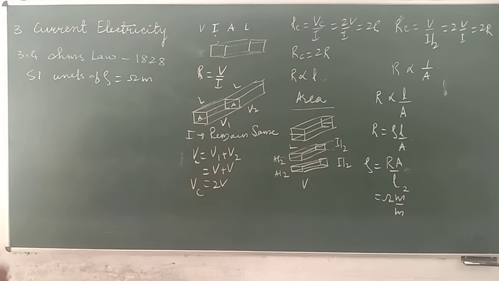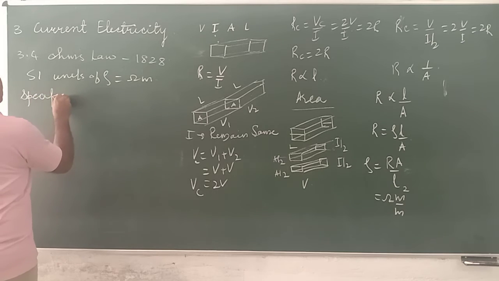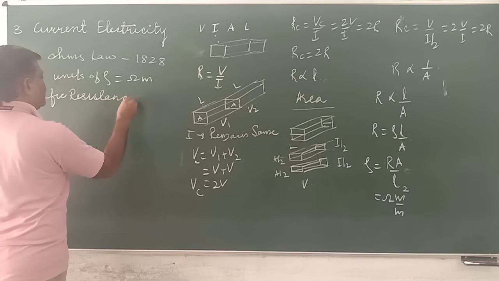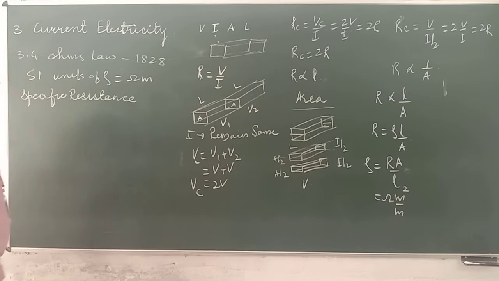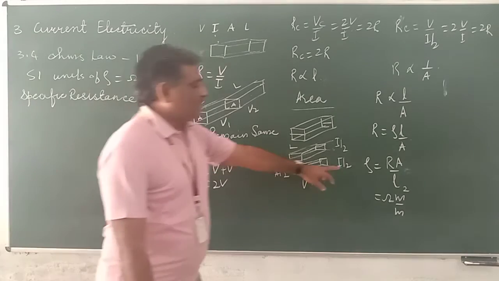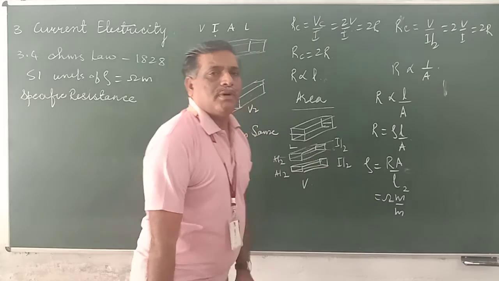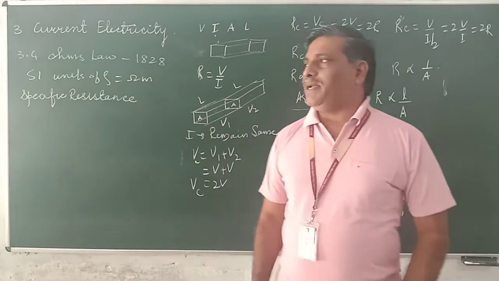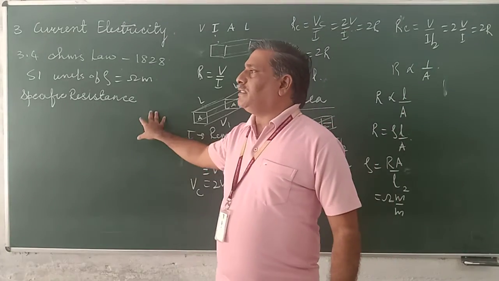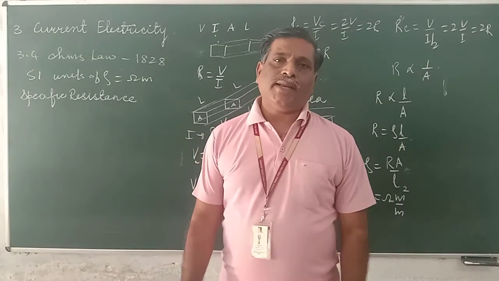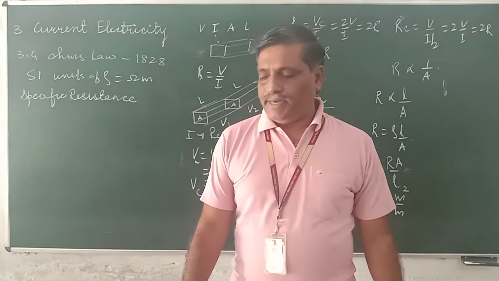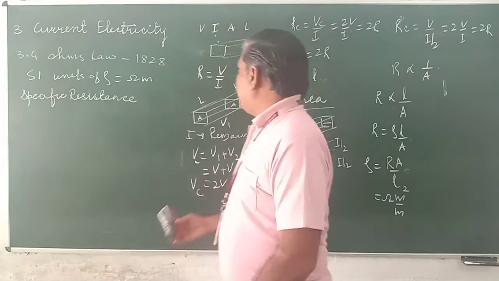This is called specific resistance. Specific resistance of a conductor is defined as the resistance of the conductor per unit area per unit length.